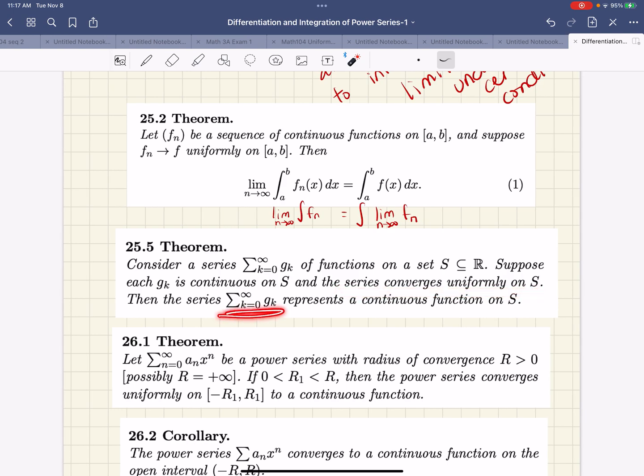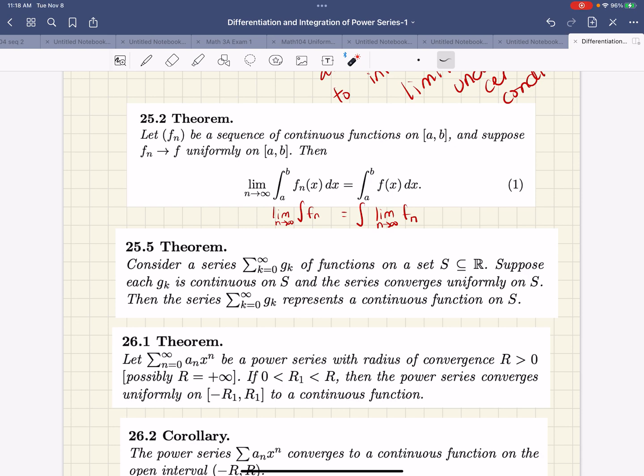Then the limit function is continuous. Okay? So we had the result that said that the uniform limit of continuous functions is continuous. And this theorem is just explicitly saying that's true whether it's the uniform limit of a sequence of continuous functions or a uniform limit of a series of continuous functions.